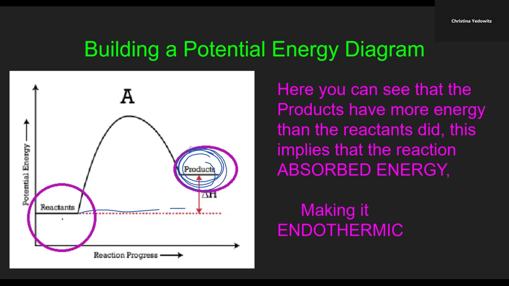It's stored in the chemical bonds of your products. Since that reaction absorbed energy, that's an endothermic reaction. So when you see a graph where the products are higher than the reactants, that means that reaction absorbed energy overall, and that's an endothermic reaction.